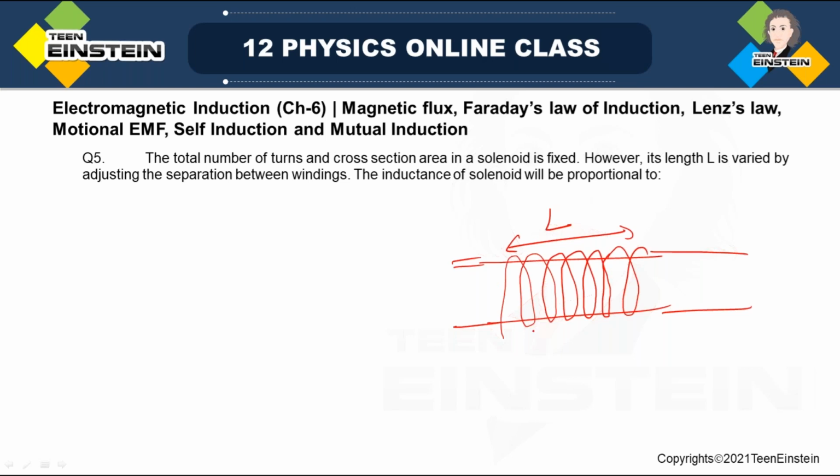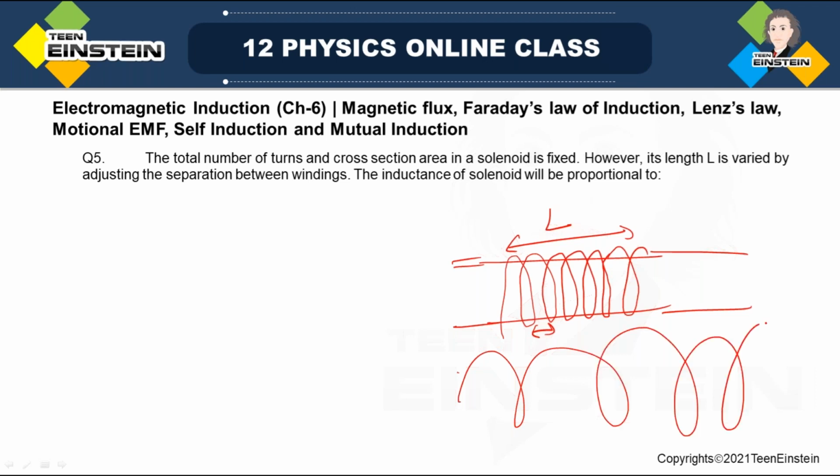Now this L can be varied by changing the distance between the coils. So if I just make it like this, this has changed, but this change has to be uniform.